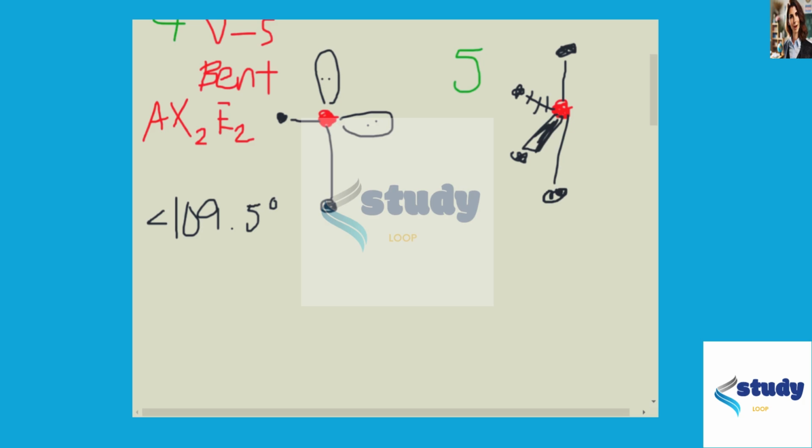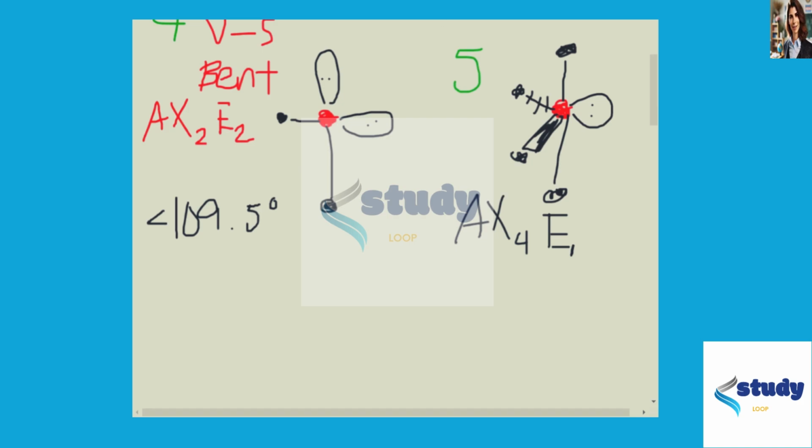And that one has a formula of AX4E, and the 4 is the 4 bonds. It's not written E1 because you don't have to write the 1, but it's E1 because of this one lone pair.